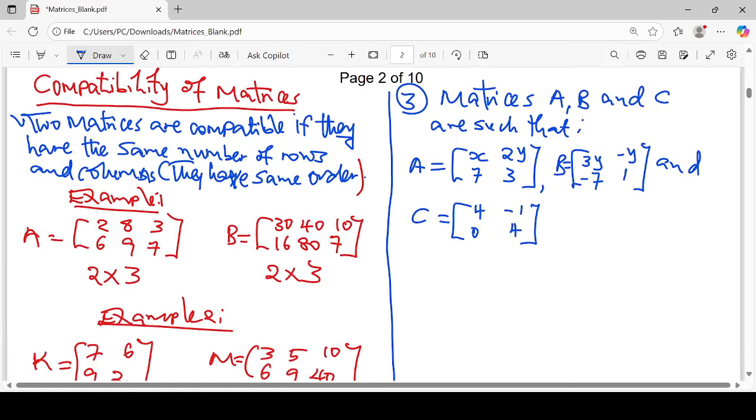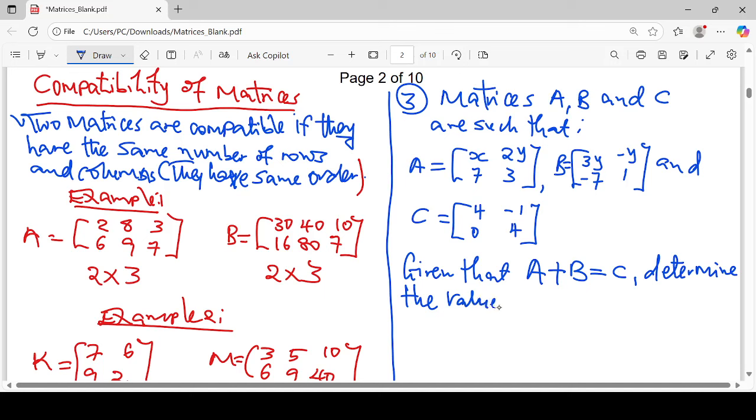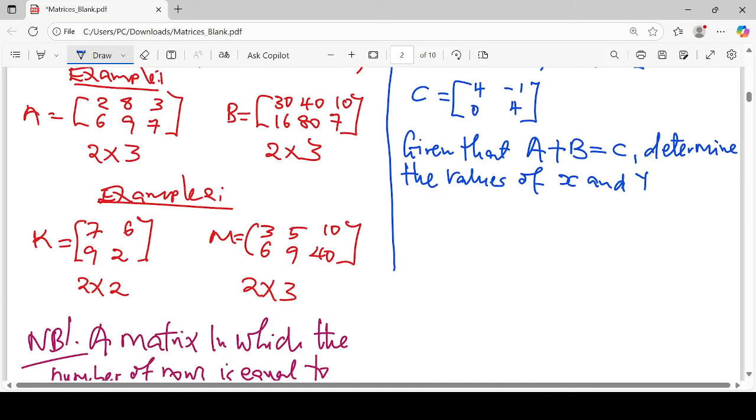Then the question says, given that A plus B is equal to C, determine the values of x and y. A very, very beautiful question, learners.